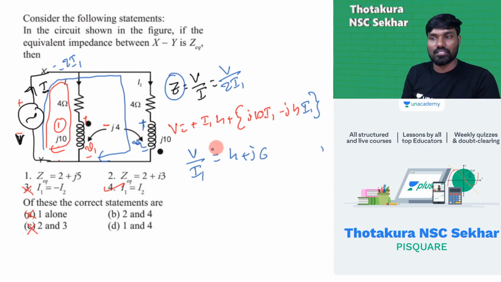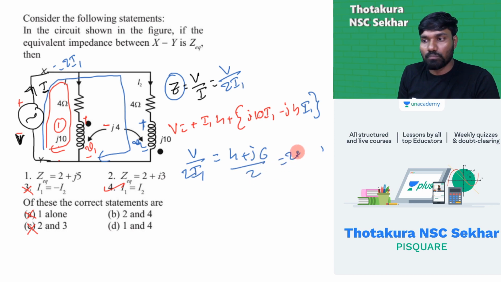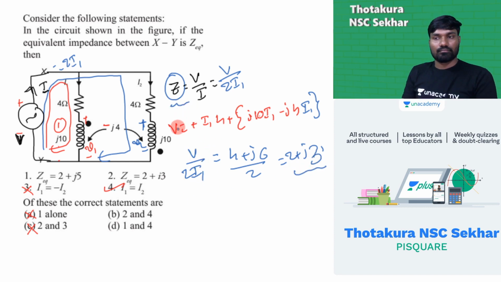But what I want is impedance, meaning V by 2I1. Divide this by 2, so this also divide by 2. You will get 2 plus J3. So 2 plus J3 is equal to V by 2I1, that is Z. These two are correct, so B is the right answer.